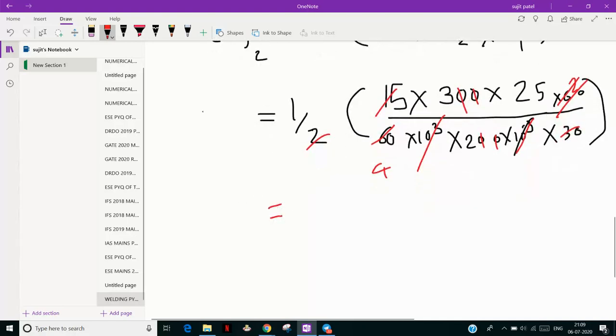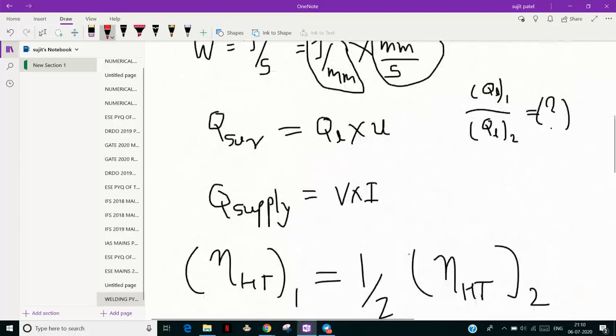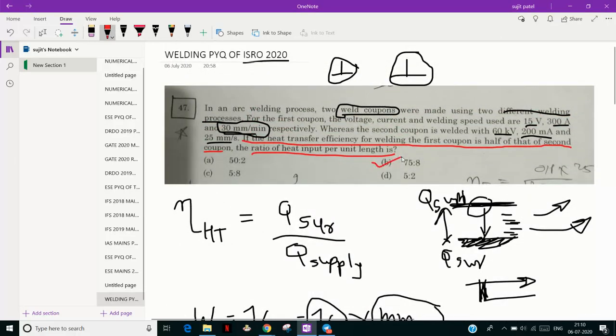So the answer we will get is 25 threes are 75 upon 4 twos are 8. So our required answer is 75 upon 8. The answer is B.